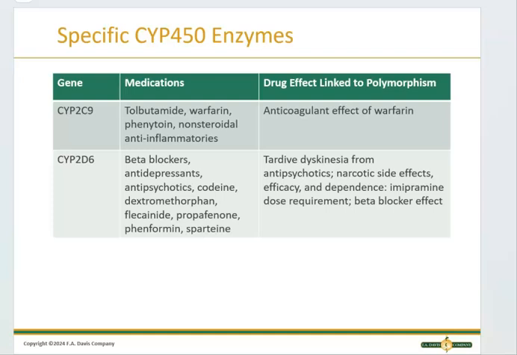Okay. I like the way they break it down in your slides here. These are often involved with the beta blockers, antidepressants, antipsychotics, etc. They can have, this is why we can get tardive dyskinesia or narcotic side effects and the beta blocker effect itself.